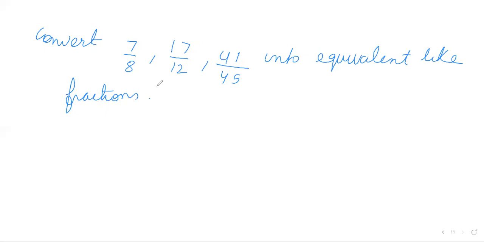So we need to change it into equivalent like fractions. You can see the denominators are different. And the definition of like fractions is that we need to have the same denominator. So what should be the way we follow here?